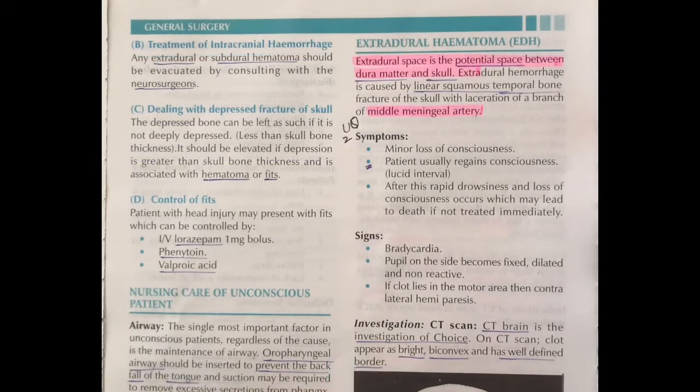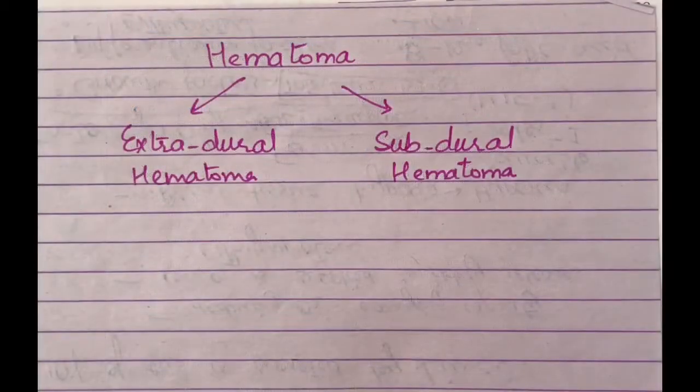Now, when we have maintained the airway of our unconscious patient, we have to look for the reason why our patient is unconscious. In order to look for why our patient is unconscious, we have to look for any kind of hematoma which may be present in the skull. Before moving towards hematoma, we first have to know the types of hematoma in the skull.